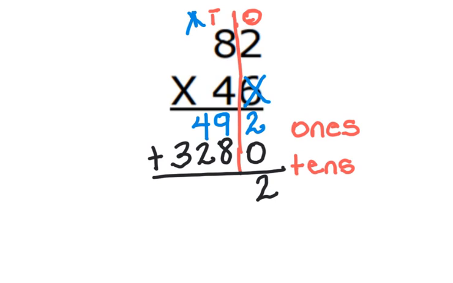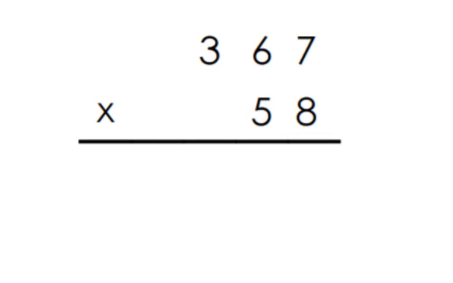I'm going to take 1 from the 8 and make a 10 with the 9. So that will make 10 plus 7 is 17. Regroup that 10. 4 and 2 is 6, and 1 more is 7. And my answer is 3,772.